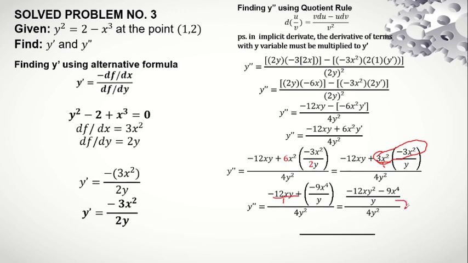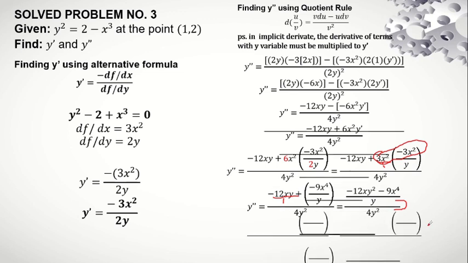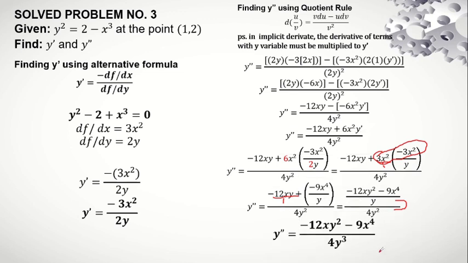Just simply multiply this, and what's gonna be the result? So we have negative xy squared minus 9x^4 all over 4y cubed. Kasi added to eh. Automatic, di ba, may 1 kayong exponent. Plus 2, hindi 13 ha.